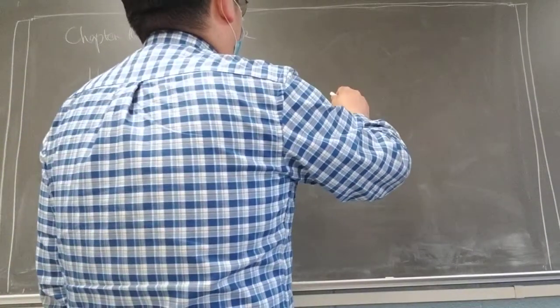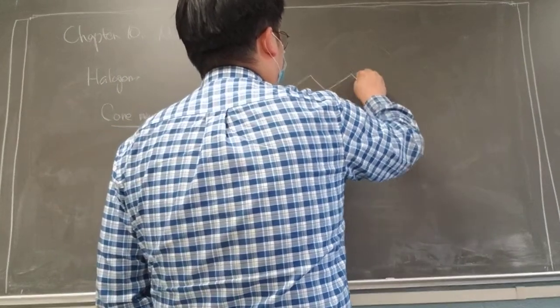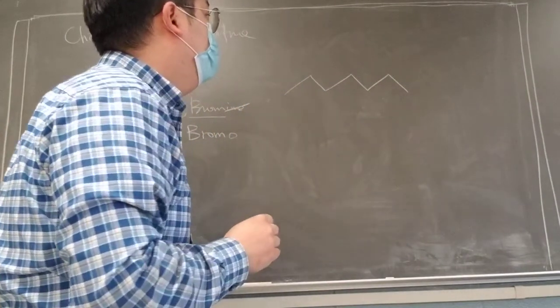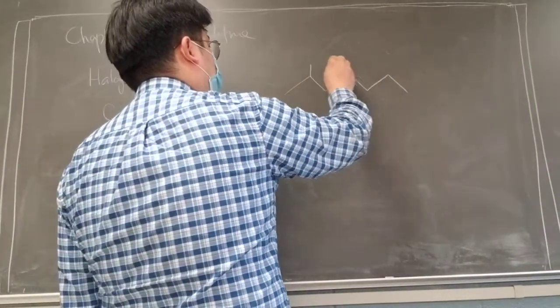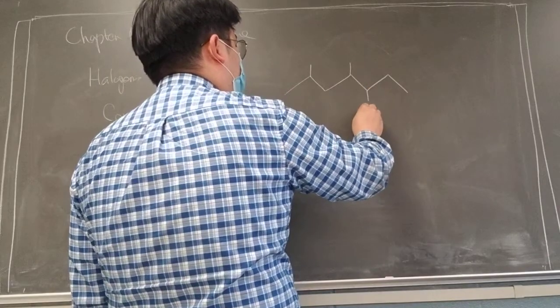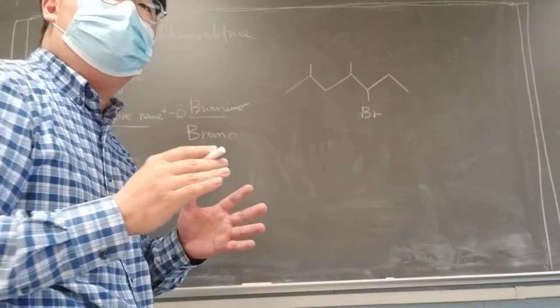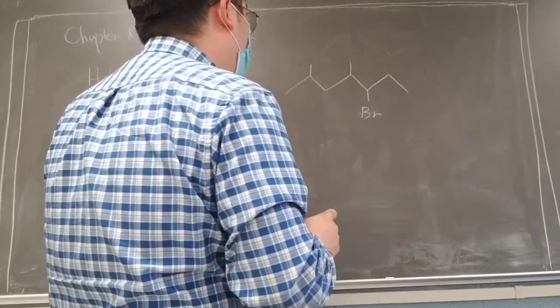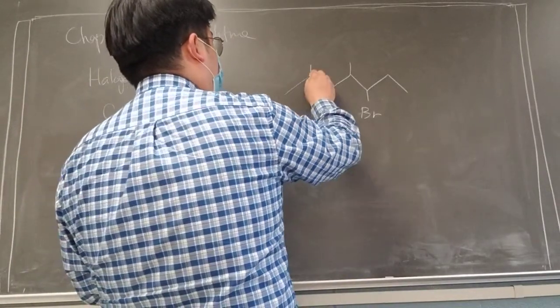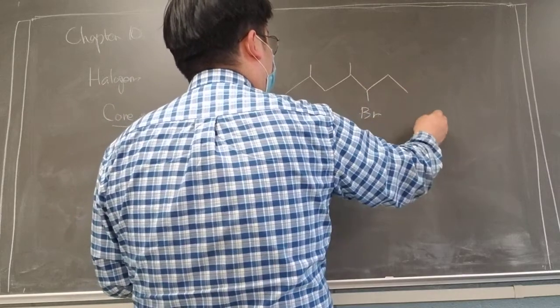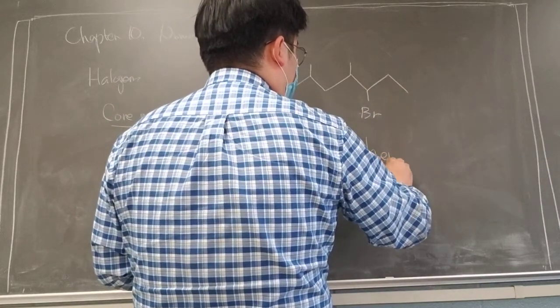So for example, if you have this type of compound over here, you try to count the carbons so you can have the lowest possible number combination for your locants. Maybe you can do 1, 2, 3, 4, 5, 6, 7. So this is obviously heptane.